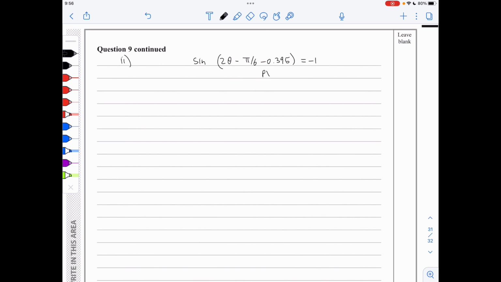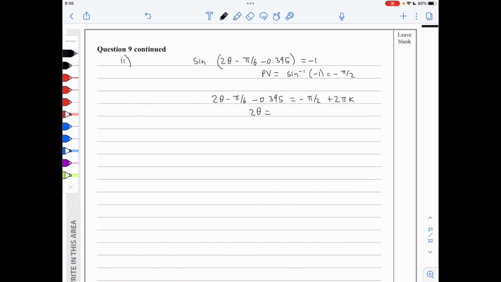My principal value is sin⁻¹ of -1, which is -π/2. And therefore we have that 2θ - π/6 - 0.395 is equal to -π/2 + 2πk. I can rearrange to leave 2θ on its own.